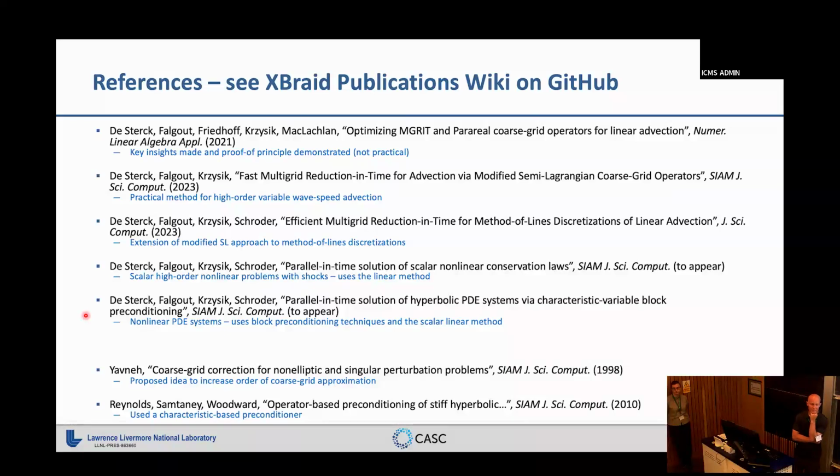Back to your shifting in paradigm, parallel in time will eventually be used. Do you also consider that at some point, as was done for higher order methods in space, there will also be the need for higher order methods in time?